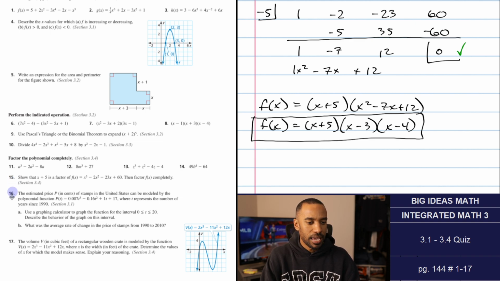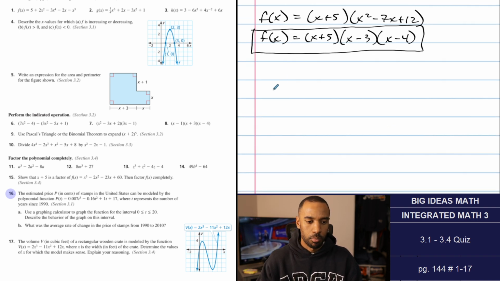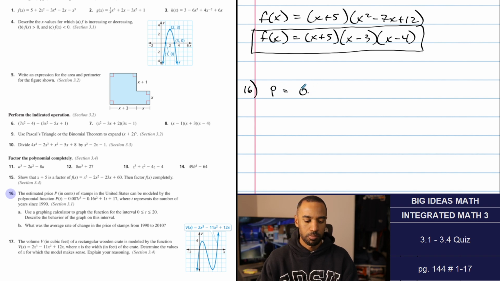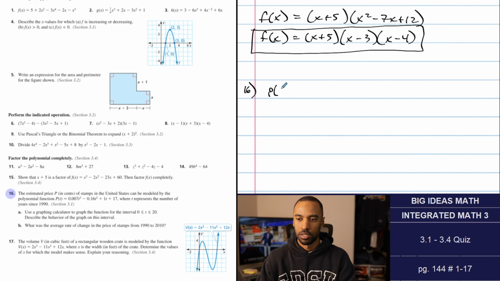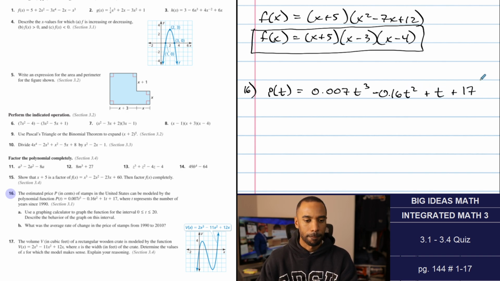The estimated price P in cents of stamps in the United States can be modeled by the polynomial function P of T equals 0.007 T cubed minus 0.16 T squared plus T plus 17, where T represents the number of years since 1990.